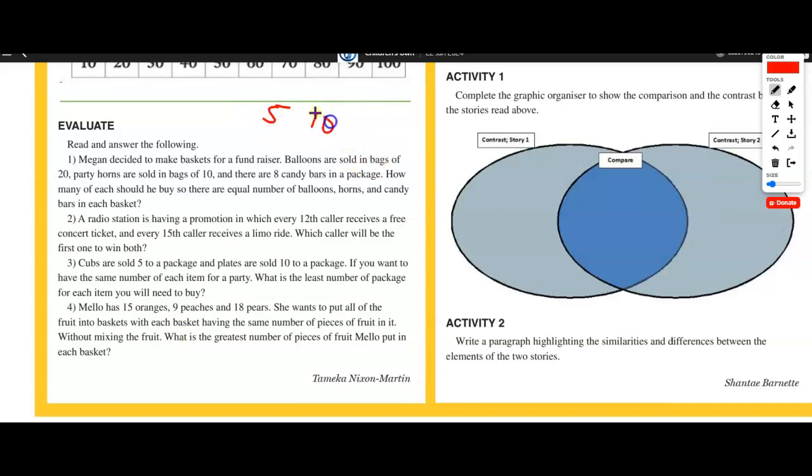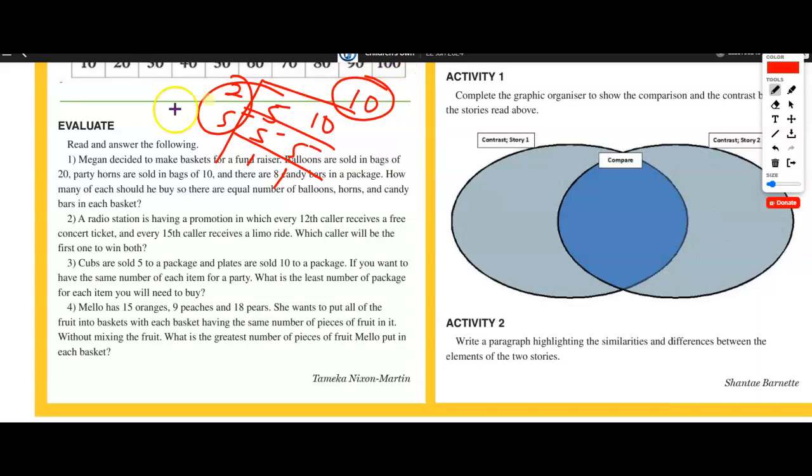So 5 and 10, and let's factor this out. 2 into the 5, no, 2 into the 10, 5, and then 5 here, 1 and 1, multiply these, and we have 10. Okay, so you should buy 10 packages of cups and 10 packages of plates so that we can have an equal amount there.